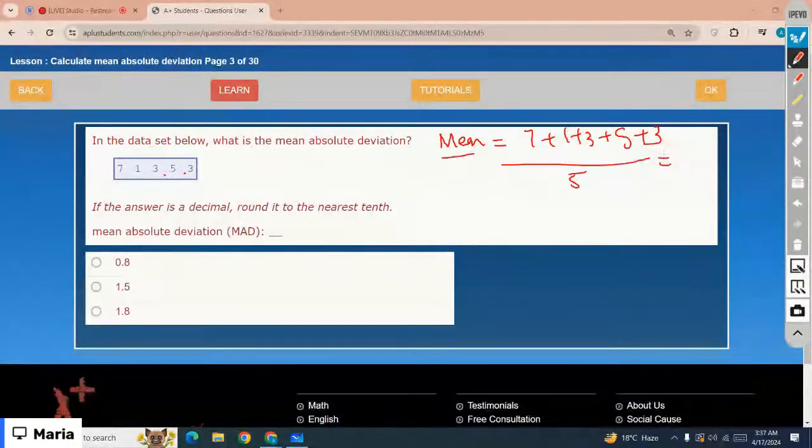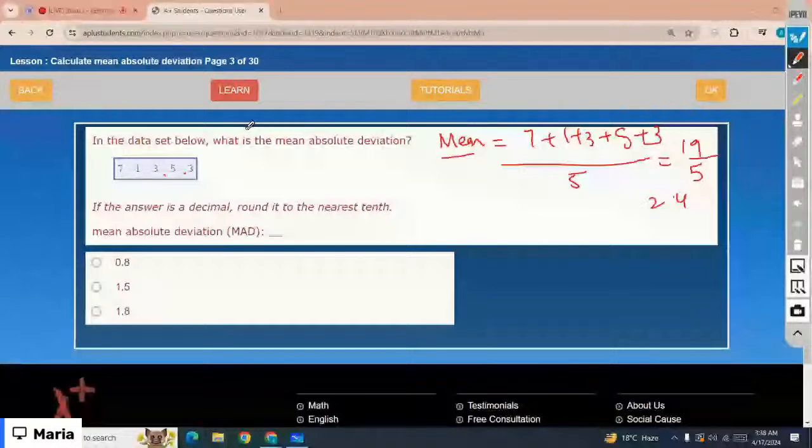The sum is 19, and 19 divided by 5 is 2.4, right? 2.4 is the mean, right?